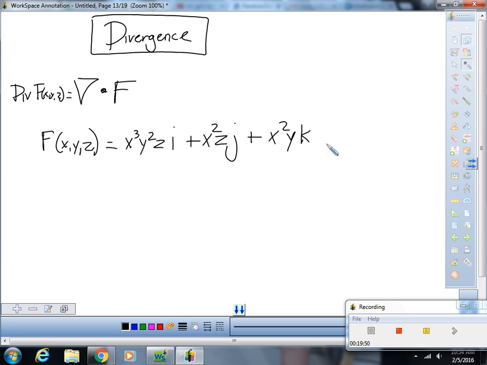Okay, now look, in this example, that is m, this is n, and that function is p, okay?